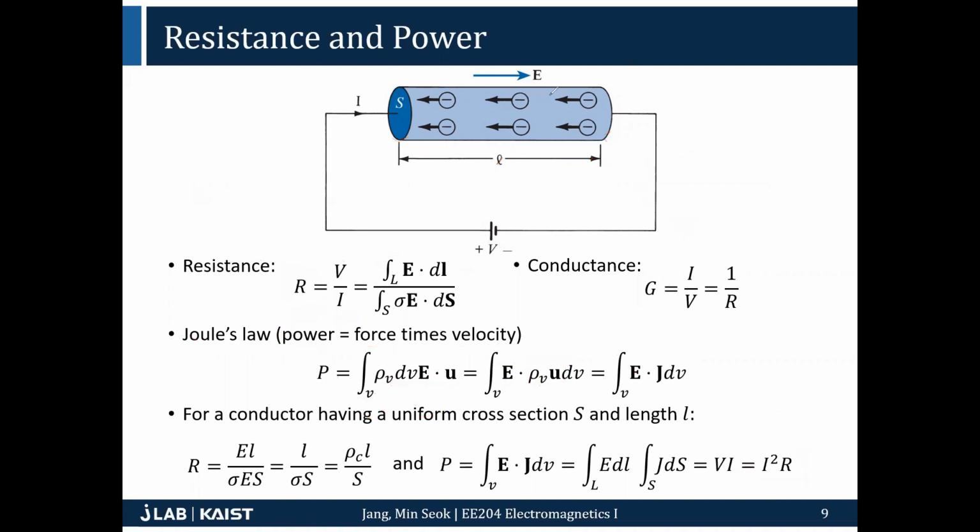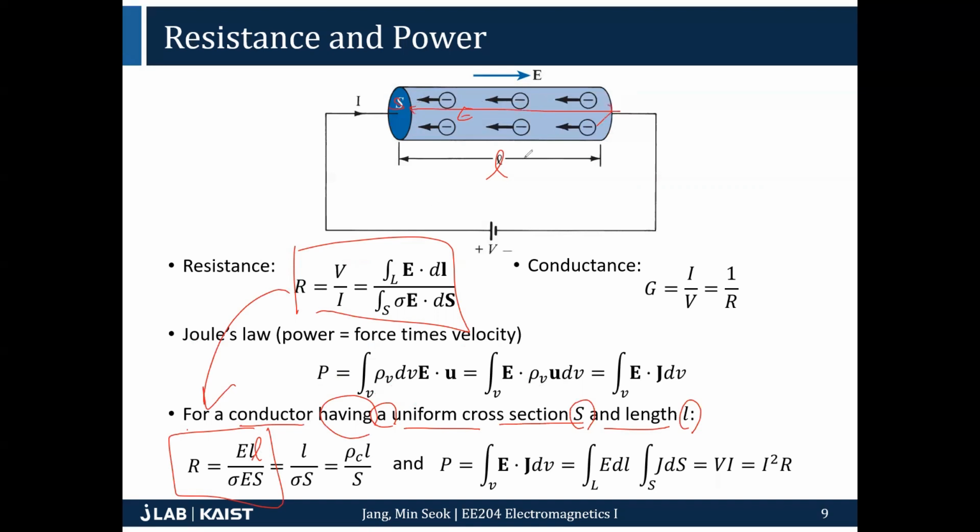As a very simple example, you can think about a conductor having a uniform cross-section S and length L. Then you can easily calculate the resistance from this relation. Because it has a uniform cross-section and length L is given, the electric field must be uniform inside, so the voltage is EL. The current is sigma ES, because S is also uniform.